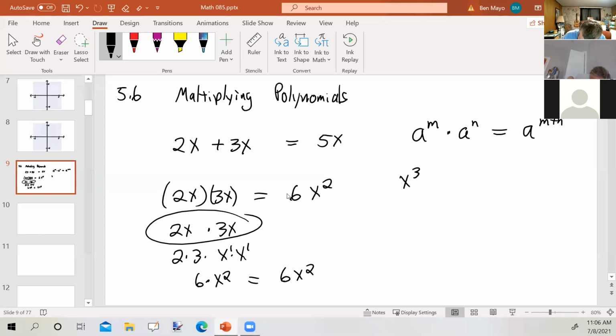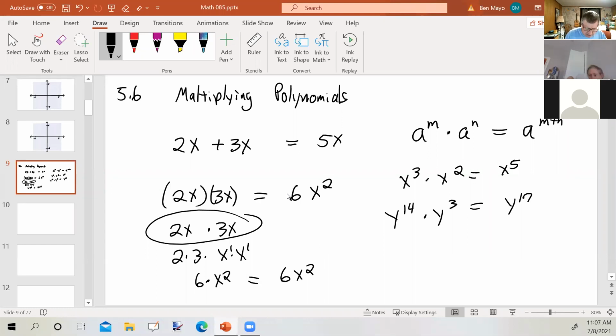So x cubed times x squared would be x to the 3 plus 2, or x to the 5th power. y to the 14th power times y cubed would be y to the 17th power. Any questions on that before we go on?